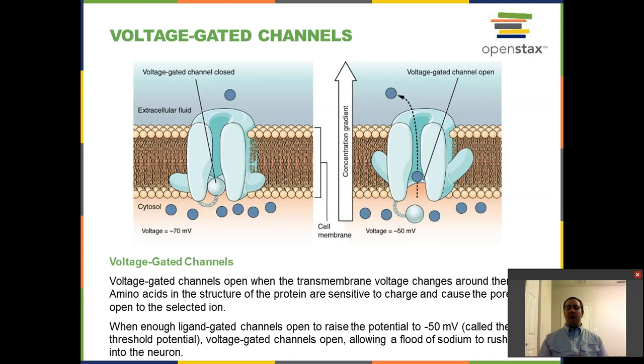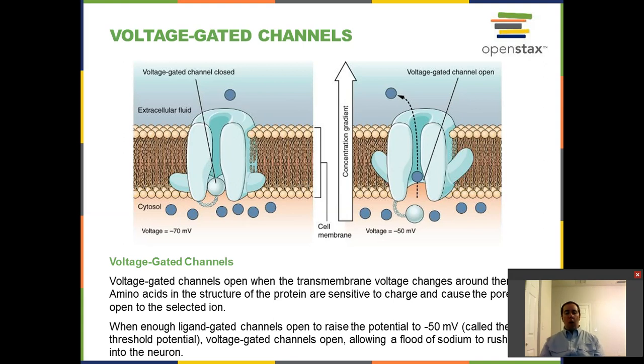At negative 70 millivolts, resting membrane potential, these are closed. Once the ligand-gated channel is open, we bring in enough sodium that we go from negative 70 to negative 65 to negative 60 to negative 55. And when we hit negative 50, voltage-gated channels spontaneously pop open.